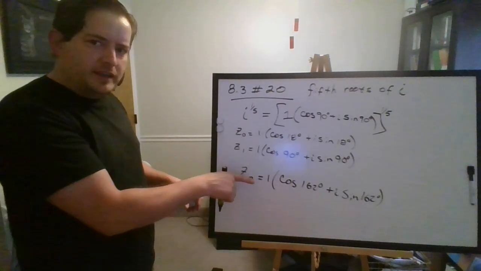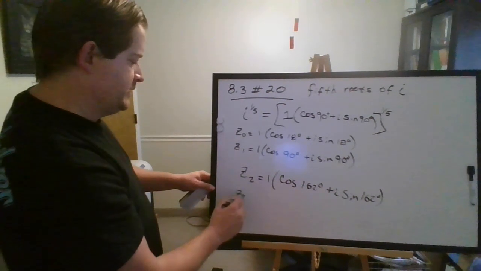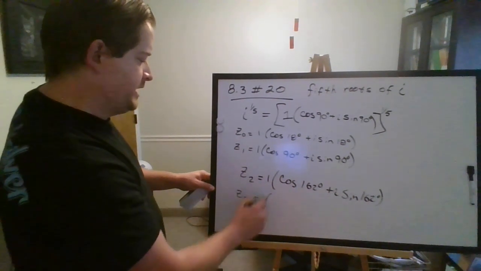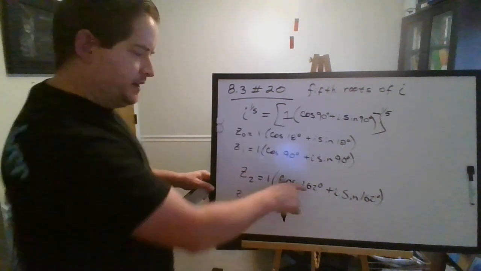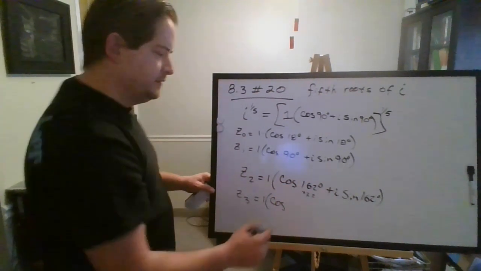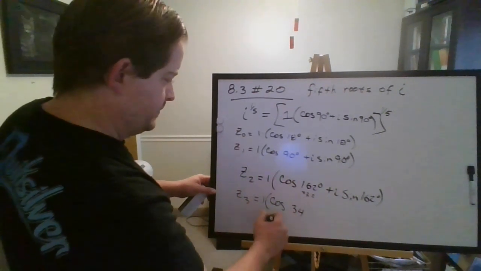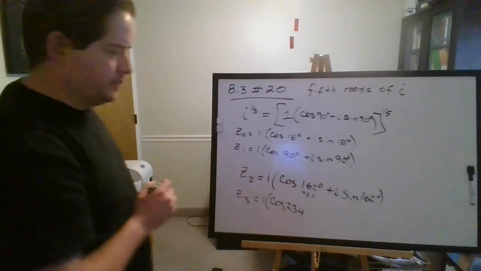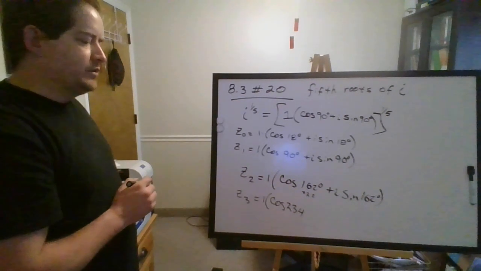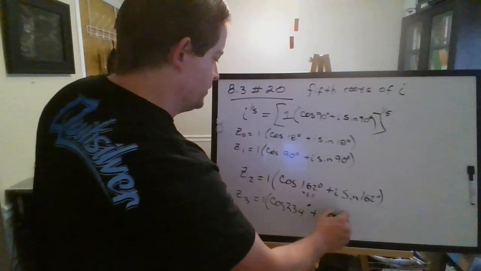If you just keep adding that 72 degrees, you'll get the next one. So Z3 is 1 times the cosine of 162, and if I add 72 to that, I have my next guy. So I have cosine of 234 plus I sine of 234.